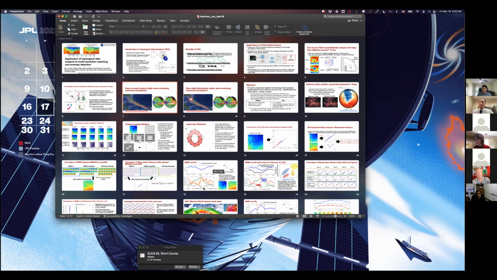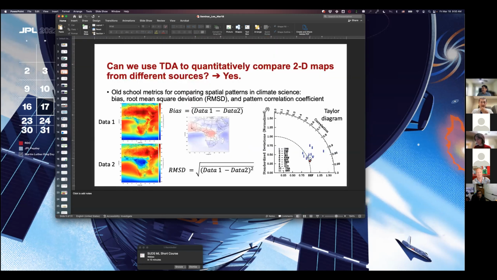Yeah, the robustness does matter. All the values displayed on a Taylor diagram have a certain meaning. We know what correlation is, and we know the ratio of spatial standard deviation.